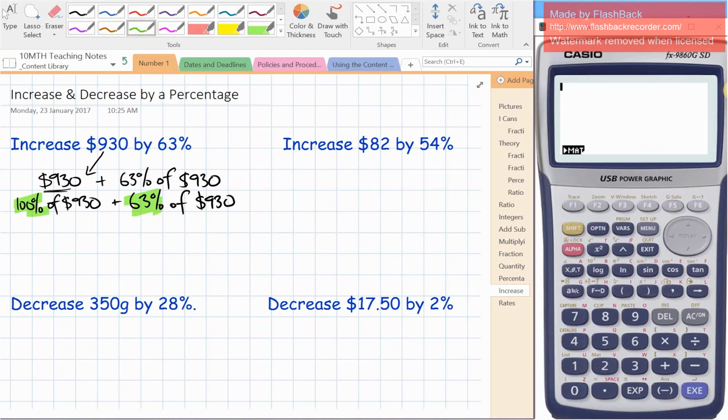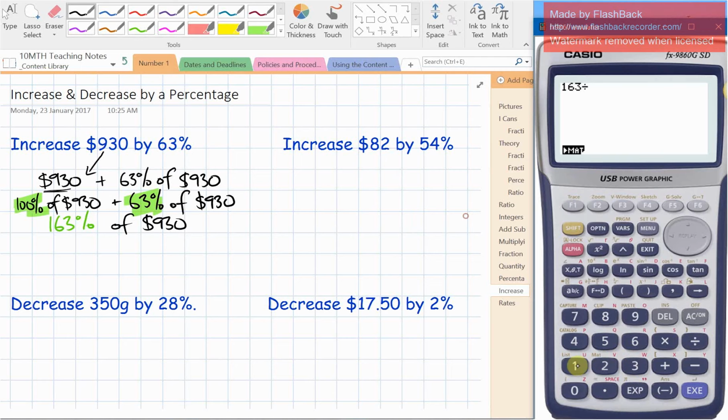So effectively what I have is 163% of $930. So 163%, if I change that to a decimal, so 163 divided by 100, I get 1.63.